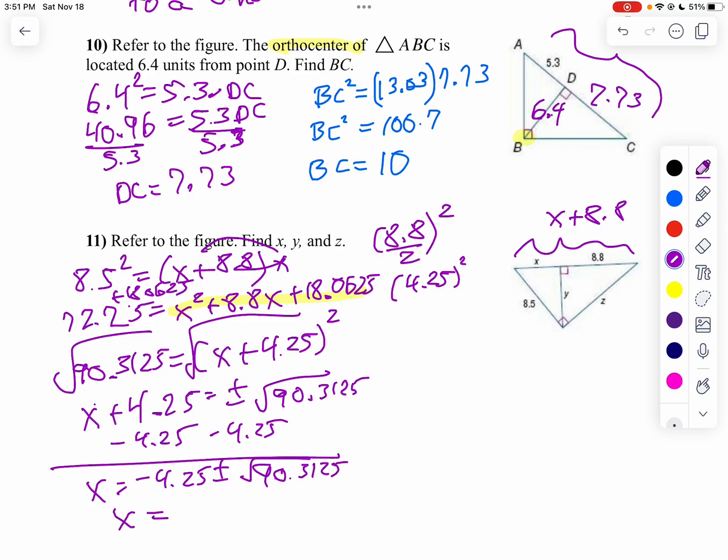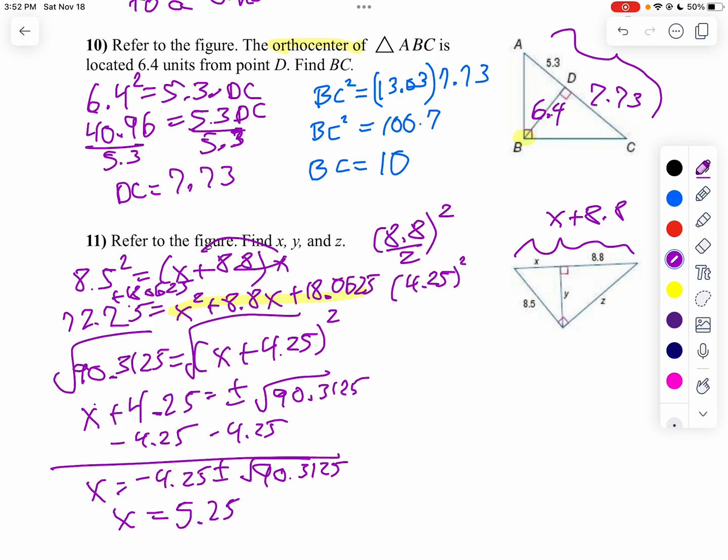So then x, I don't worry about x being negative, so I'm just going to take negative 4.25 plus the square root of 90.3125. And I'll get about 5.25.